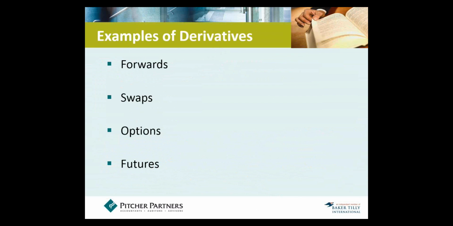Examples of derivatives: forwards, swaps, options, futures. So a swap where you swap a fixed interest rate to a variable interest rate or vice versa. A forward contract, the best example is a foreign exchange contract. So as soon as your entity has a foreign exchange contract, we have to say, oops, we've got a derivative. Do we apply hedge accounting in terms of AASB 139?